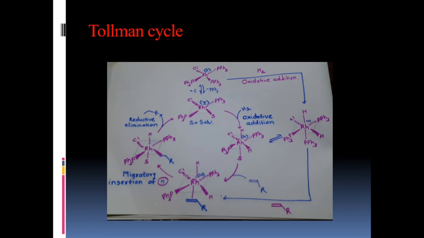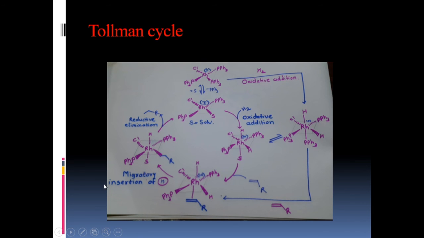Now in the next step, reductive elimination is carried out and we get the alkane as a product and the Wilkinson's catalyst again. This is known as a catalytic cycle.